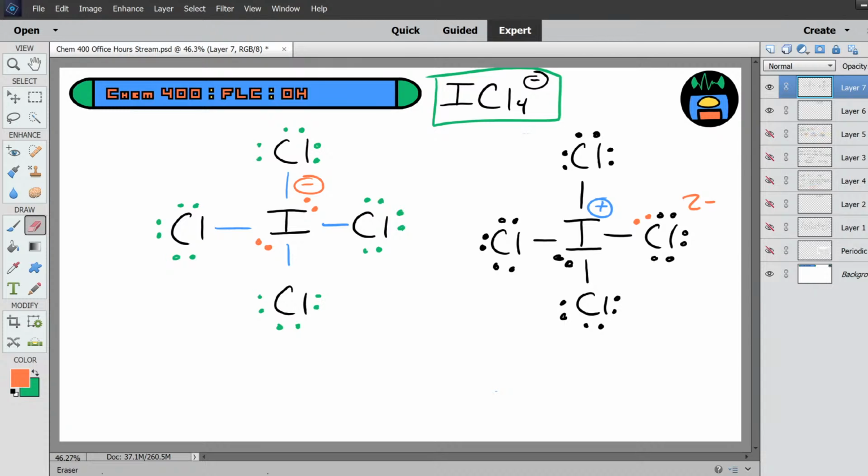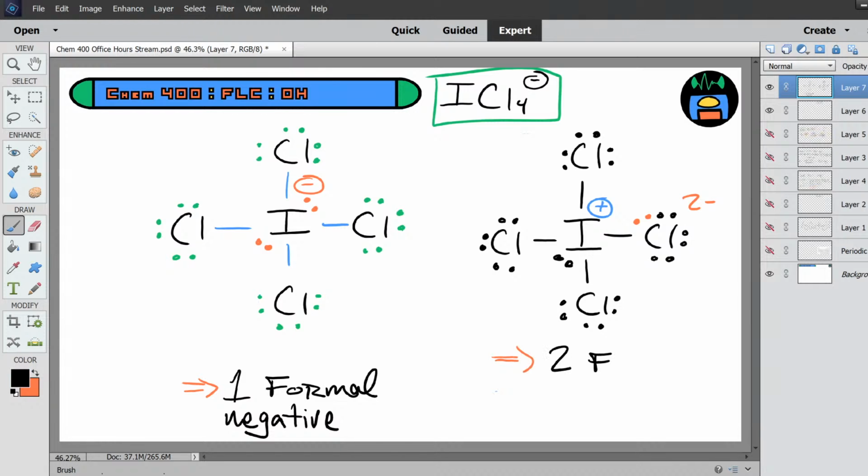In the first structure, we have one formal negative. When you look at the second structure, you have 2 formal negatives and you have 1 formal positive.